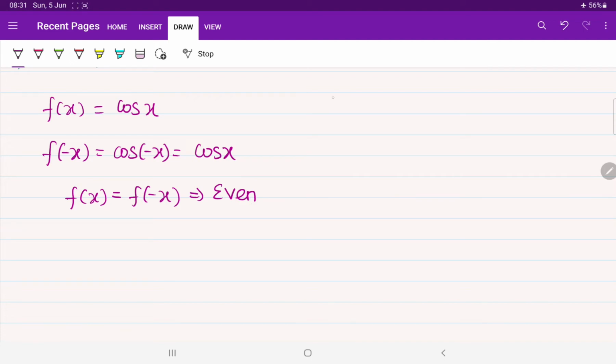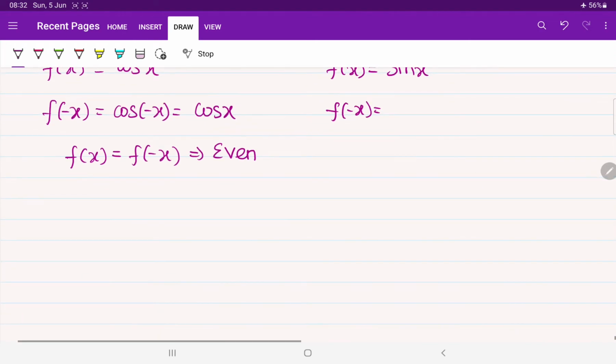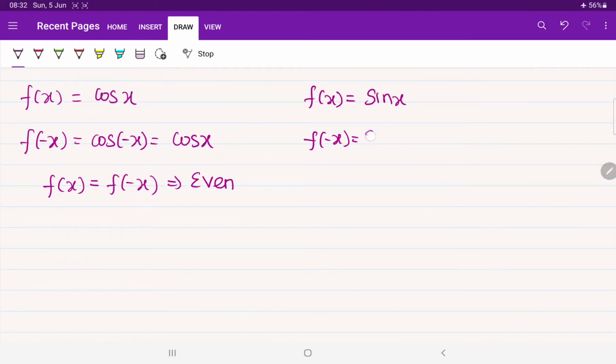In the same fashion, take another example: suppose f of x equal to sin x. Repeat the same procedure. While replacing x by minus x, what will you get? It will become sin of minus x. Sin of minus theta will be minus sin theta, so this can be written as minus sin x. It clearly indicates that f of minus x equals minus of sin x, and sin x equals f of x, so that can be replaced by f of x.